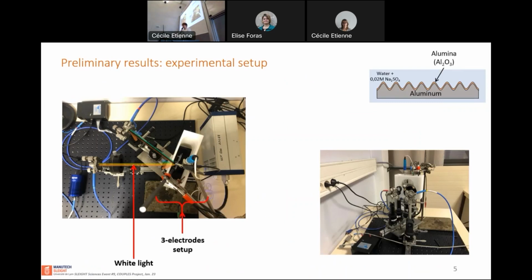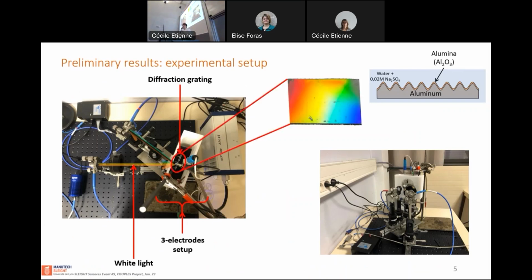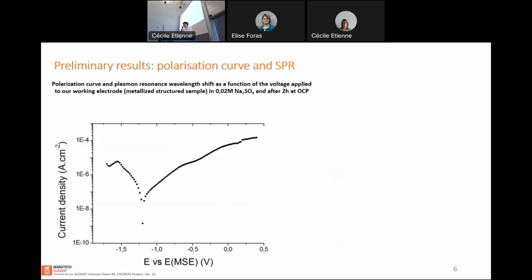The electrochemical setup is a basic 3-electrode setup, and the working electrode is a diffraction grating, of which here is a picture. We have a potentiostat in order to achieve the electrochemical measurements, and a spectrophotometer in order to measure the surface plasmon resonance.